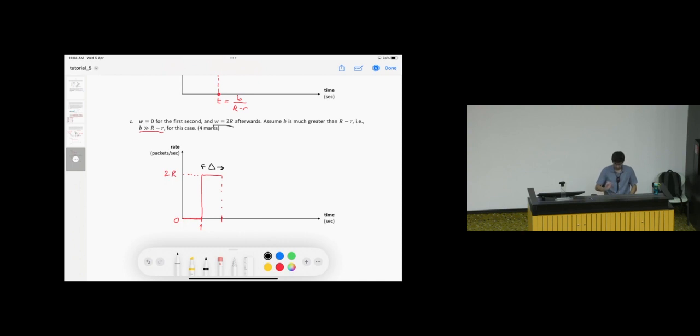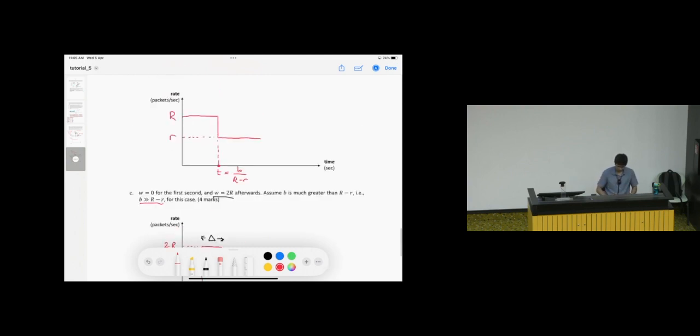So I know that I'm going to have this very high rate only until my queue at the WFQ scheduler is empty. Once that is empty, I'm going to have to reduce down to the lower rate of R packets per second, because that is my long-term packet arrival rate. So after this is done, I'm going to reduce down to R. Now let's calculate the duration of that.